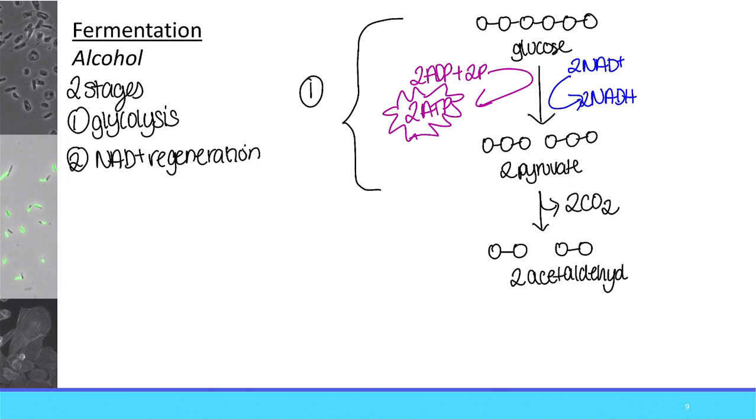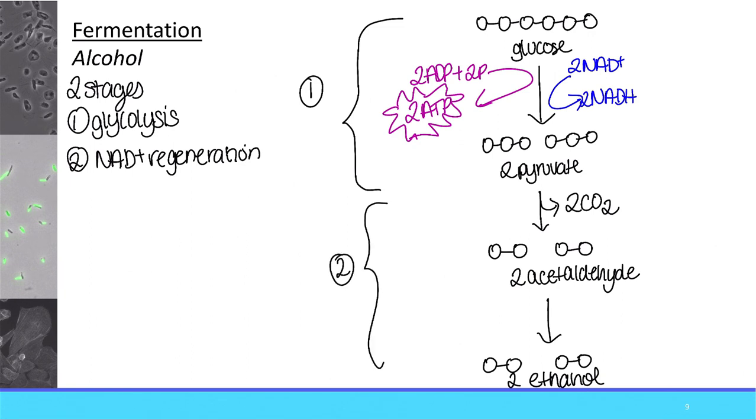And let me fix this. There we go. Okay, so now we have started with a 6 carbon molecule. We've gone to two 3 carbon molecules, lost a carbon from each one, and now we have two 2 carbon molecules. Then because we are making alcohol, we now have to get our ethanol. So we take that acetaldehyde, and that acetaldehyde is converted to 2 ethanol. And for stage 2, let's go ahead and label stage 2.